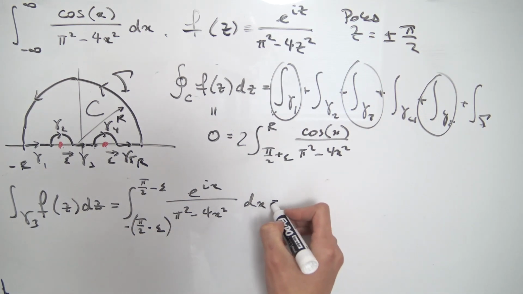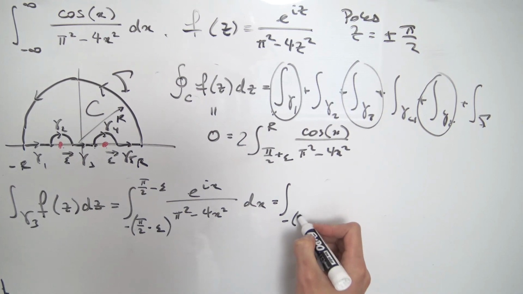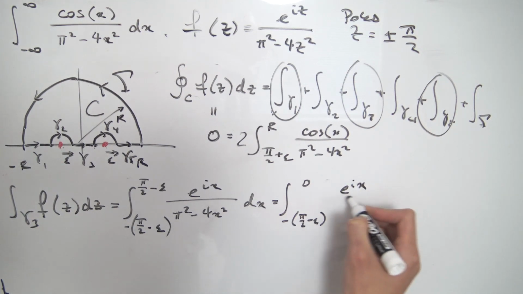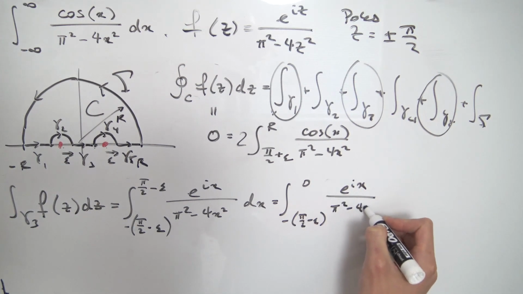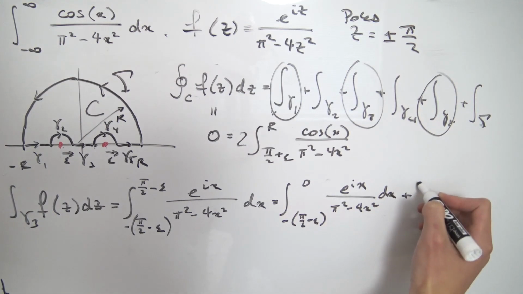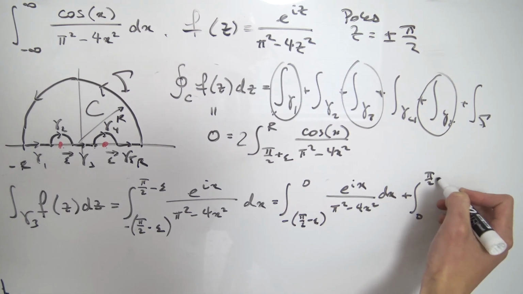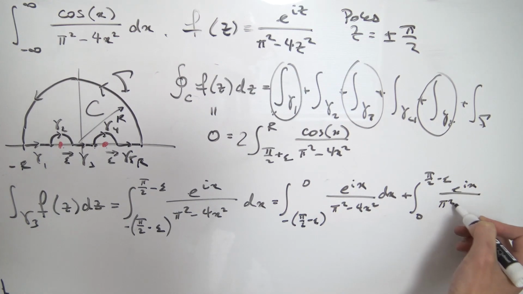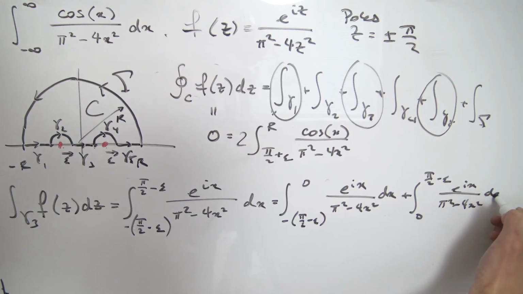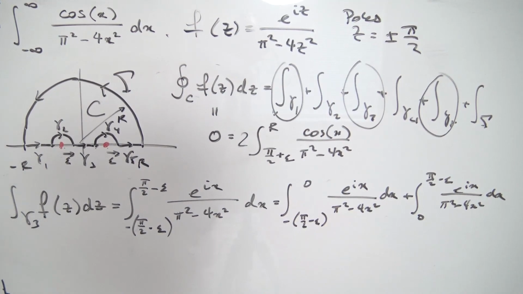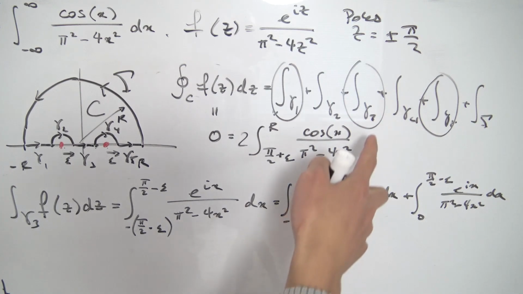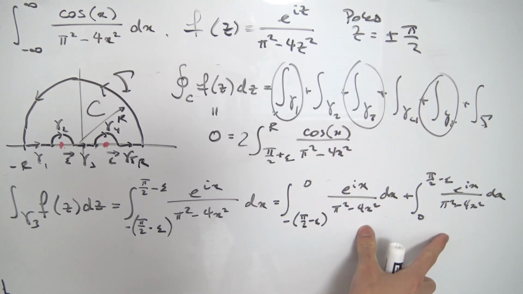So now this integral is the same thing as the integral from minus pi on 2 minus epsilon to 0 of e to the ix over pi squared minus 4x squared dx plus the integral from 0 to pi on 2 minus epsilon of e to the ix over pi squared minus 4x squared dx. And hopefully you can see where I'm going with this. I'm basically doing what we did to gamma 1 and gamma 5, except this time I'm decomposing gamma 3 into two separate integrals and mushing them back together somehow.